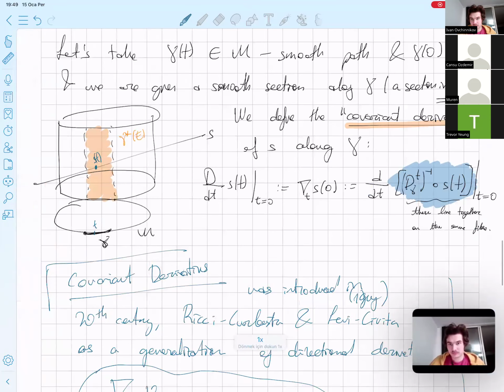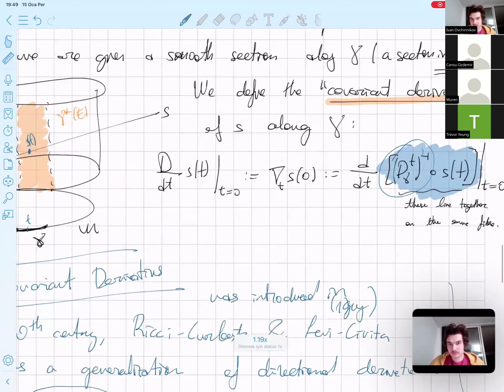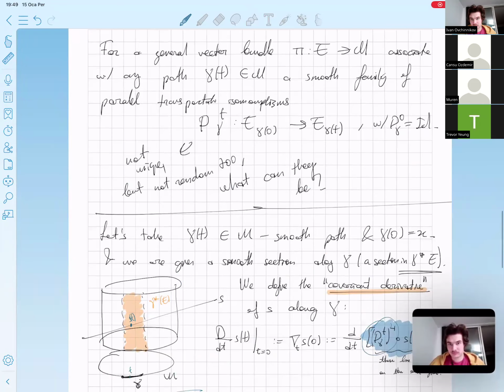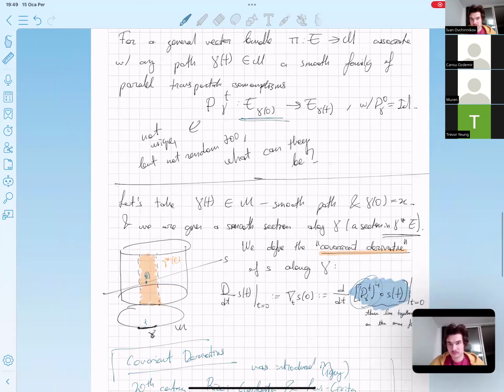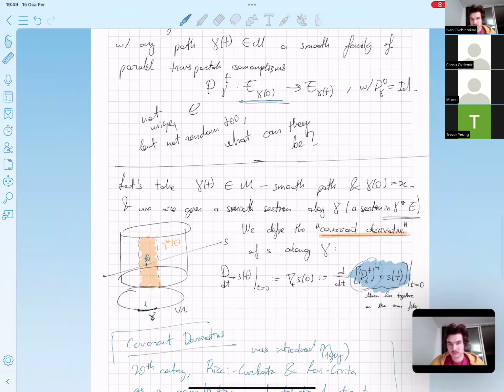And this parallel transportation, what it does is, so normally, let's see where it comes from. So it comes from where gamma starts, which is here, and it goes to here, right?